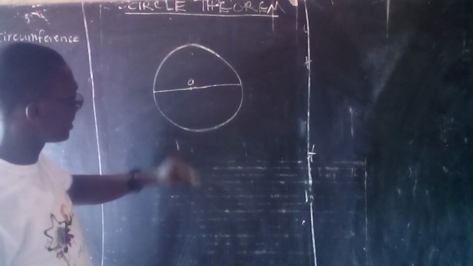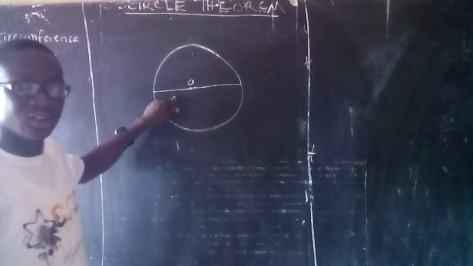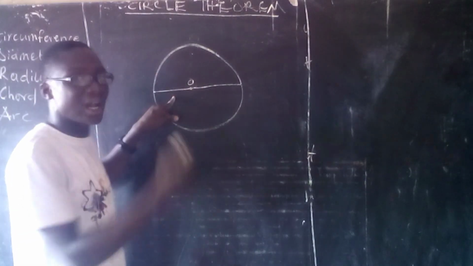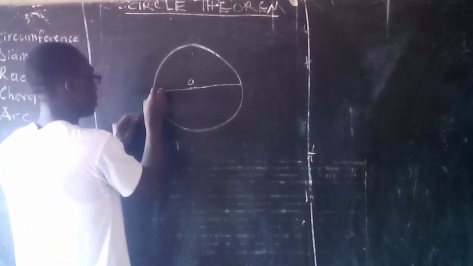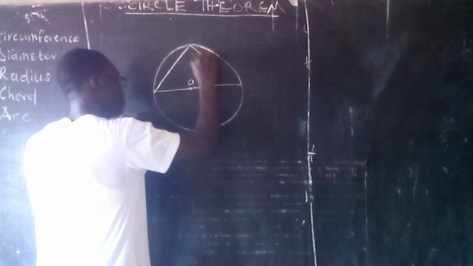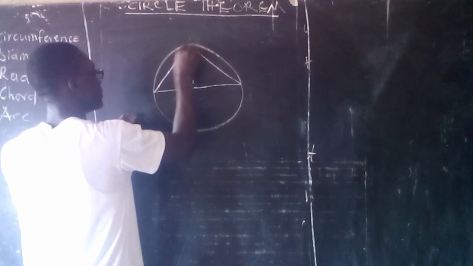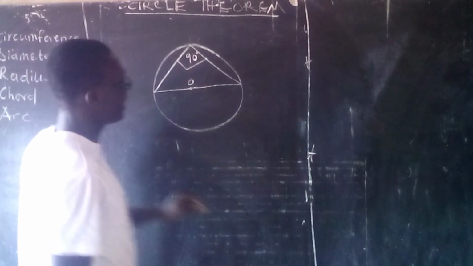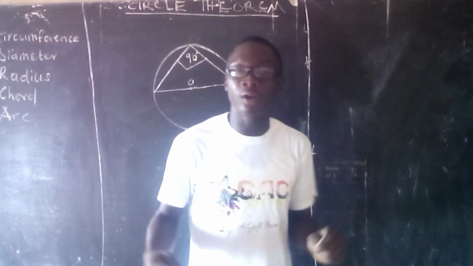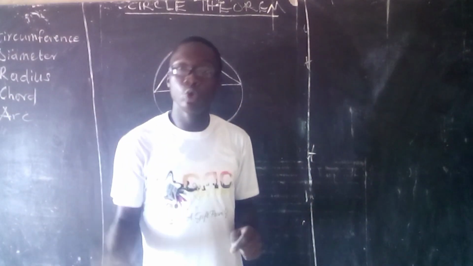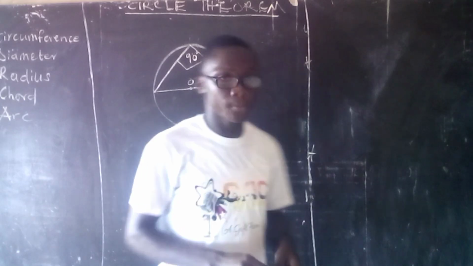So we are saying that the diameter subtends an angle to the circumference, and the angle is 90 degrees. So it means that the diameter subtends an angle of 90 degrees to the circumference of the circle.